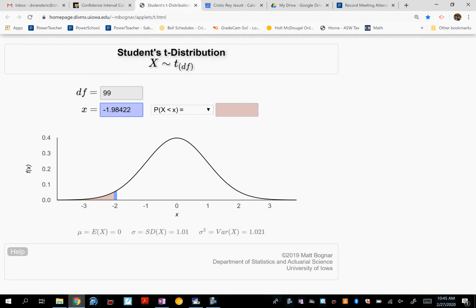Always. You can always use that 0.025 for 95%, and 0.05 for 90%. You can memorize that, and then this will change what your t value is.